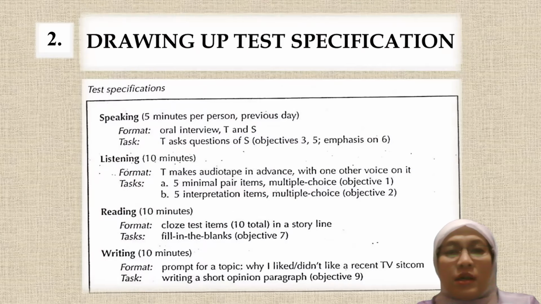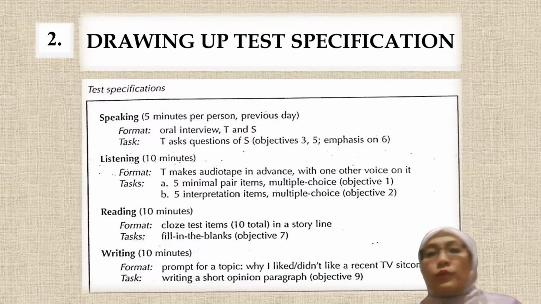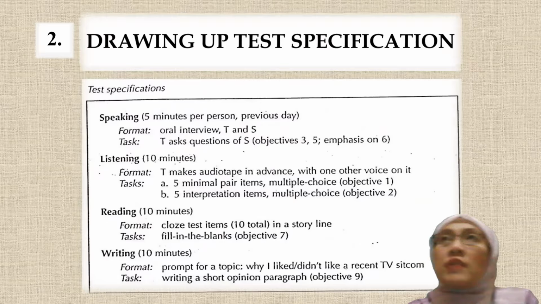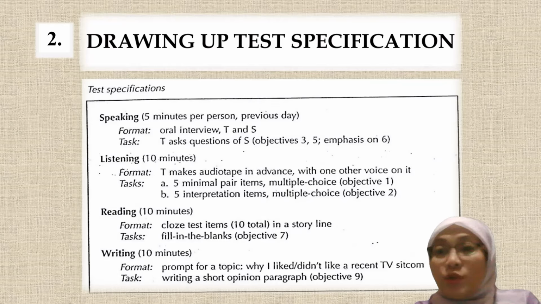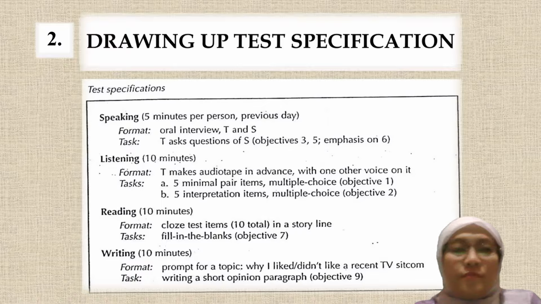The test will be 10 minutes. The format is closed test items, it feels like fill in the blanks, yeah? There are 10 total closed test items in a storyline. They will fill in the blanks of the story with the suitable irregular past verb.